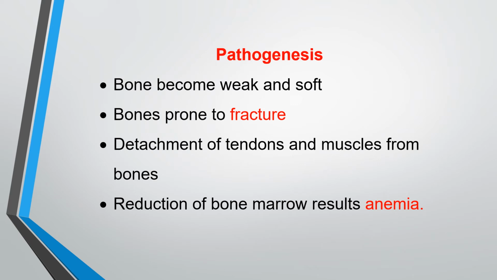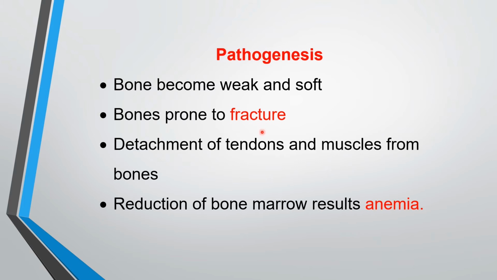Continuation of the pathogenesis. Initially, bone is compact and hard, but now that fibrous bone becomes weak and soft. Bone is more prone to fracture. Even slight injury also causes fracture. Sometimes spontaneous fracture.